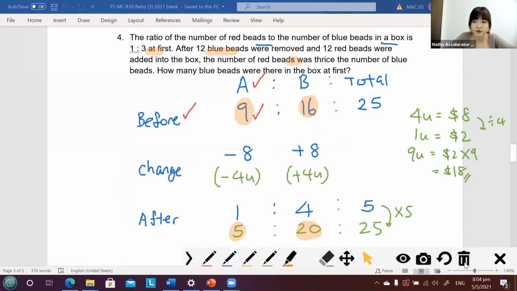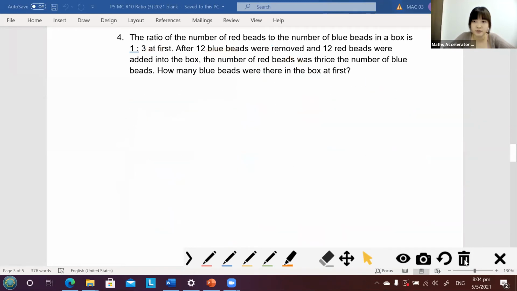So for question 4, let's fill in the table. The ratio of the number of red beads to the number of blue beads in the box is 1:3 at first. So it's red to blue, take note, red to blue.